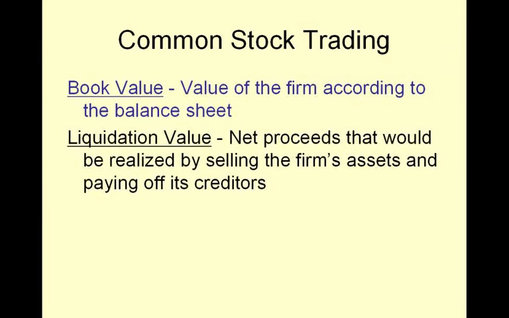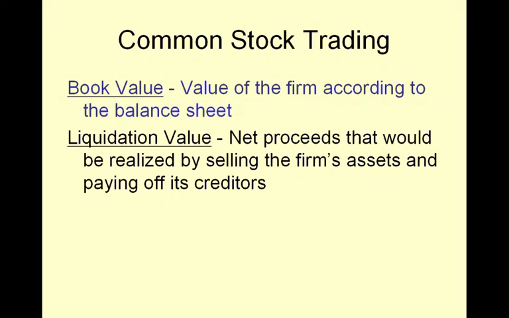The liquidation value of a firm is the net proceeds that would be realized by selling the firm's assets and paying off its creditors. So, in a sense, that's the residual equity value. The assets have a market value that can be realized by selling its assets.